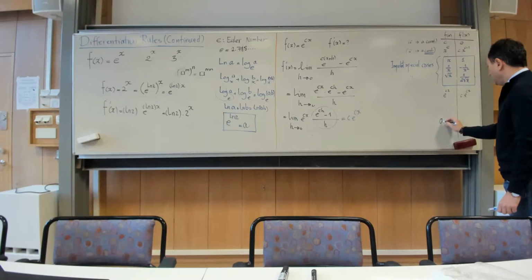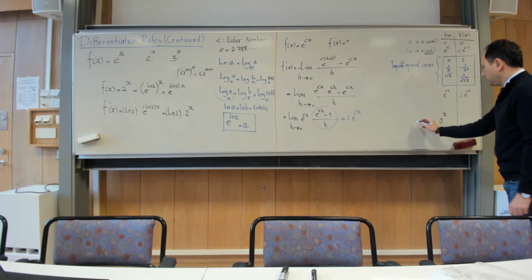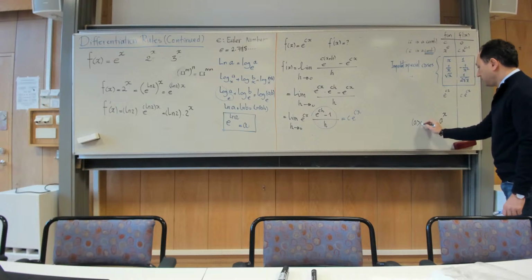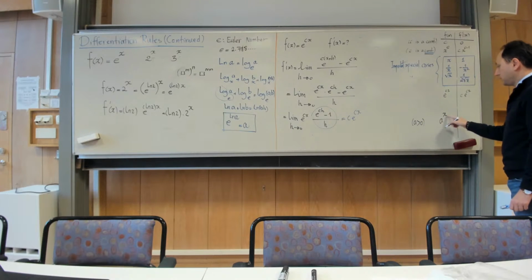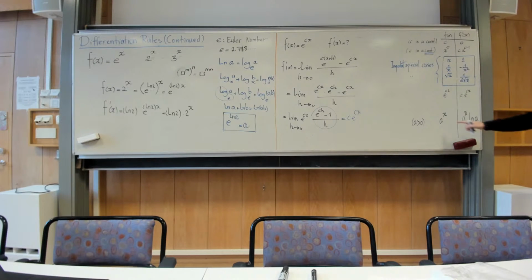If I have a to power x, but here a should be positive, because if a is not positive, sometimes this becomes undefined, yes? If that's negative, for example. And then the derivative of this function is a to power x, ln of a. So the derivative of a to power x is this one.